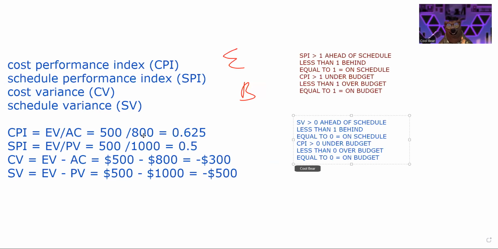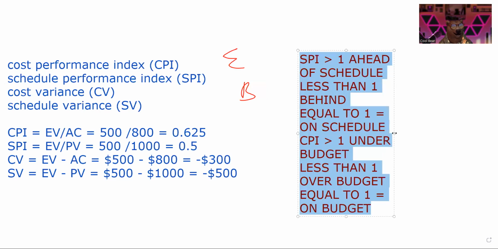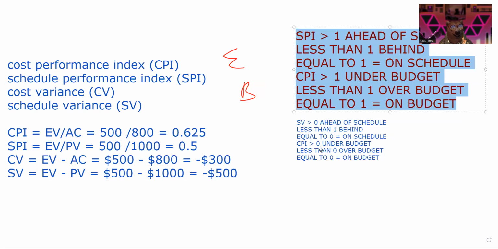All right, so in this example, CPI means we are over budget. Cost variance will echo that. As a sanity check, your cost variance and your cost performance index should tell the same story as to whether you are on budget, under budget, and so on.